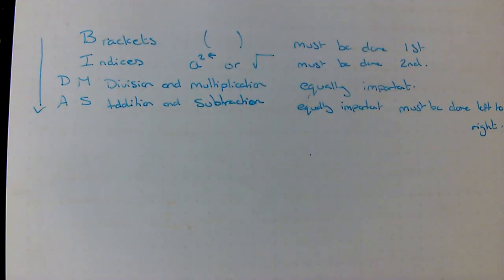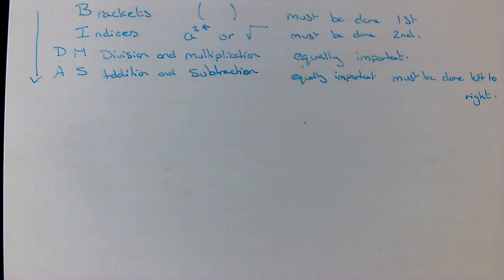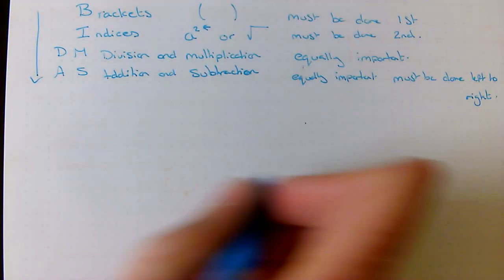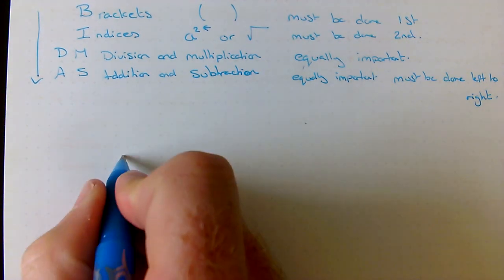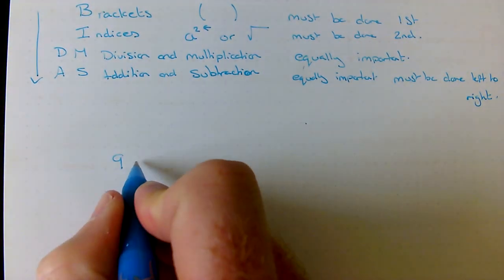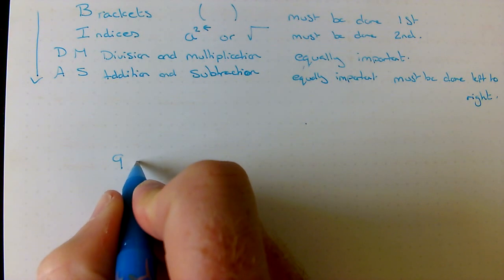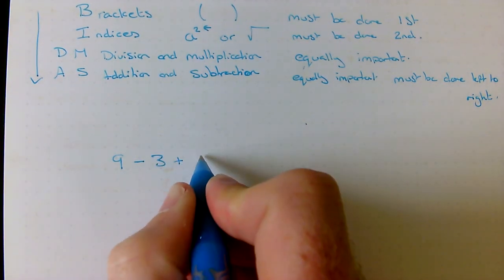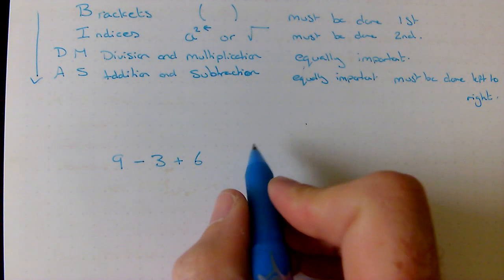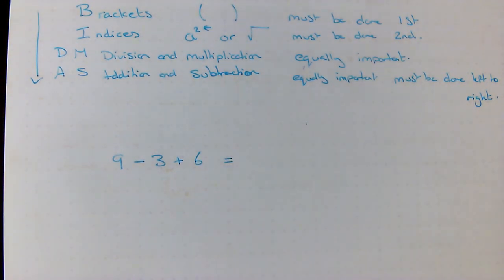Okay, so let's have a look at a few examples. Okay, so let's have one where it's just adds and subtracts. So let's have 9 minus 3 plus 6. Okay, now just to show you my point about doing these left to right, so we've only got adds and subtracts here.